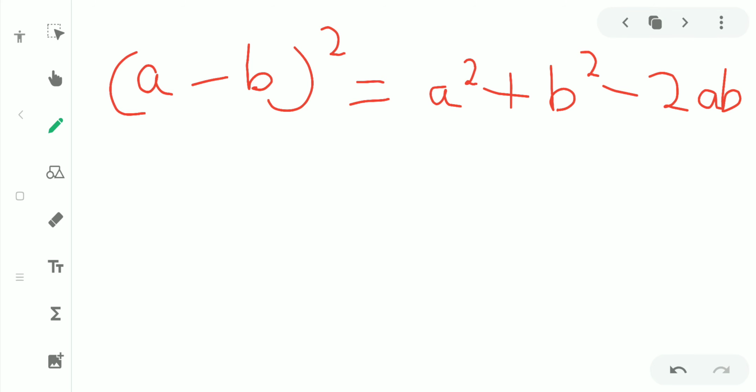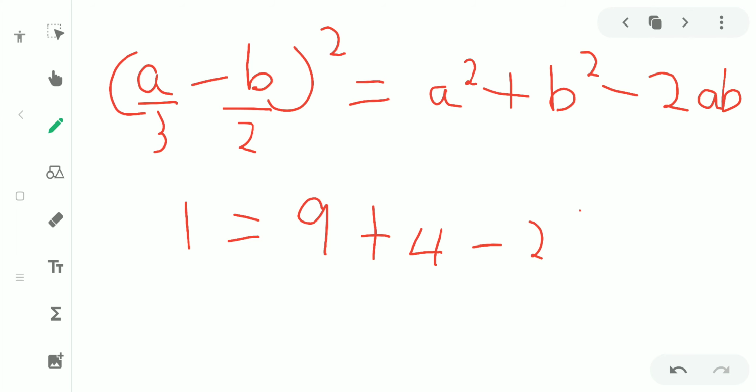Let us assume the same thing. This is 3, this is 2, so 3 minus 2, 1 square is nothing but 1, which is equal to a square, nothing but 3 square 9, plus b square, nothing but 2 square 4, minus 2 into a, which is 3, and b, which is 2.